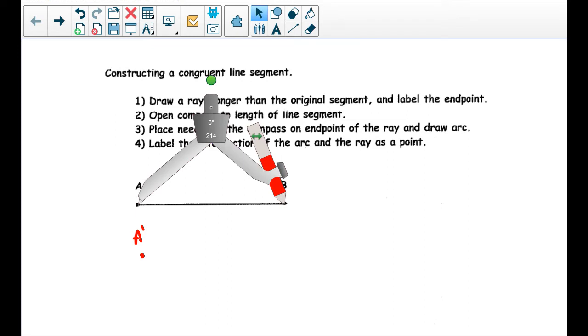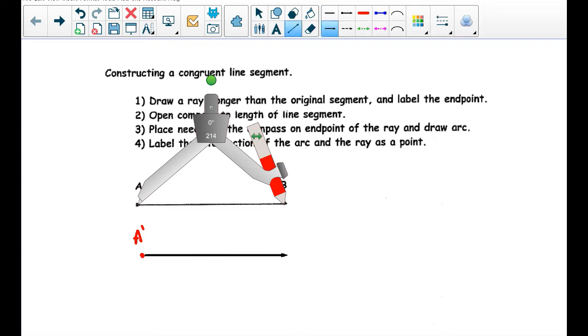I forgot to finish my ray. So I'm going to have my ray here. So from point A, my ray is coming out, again longer than the original.